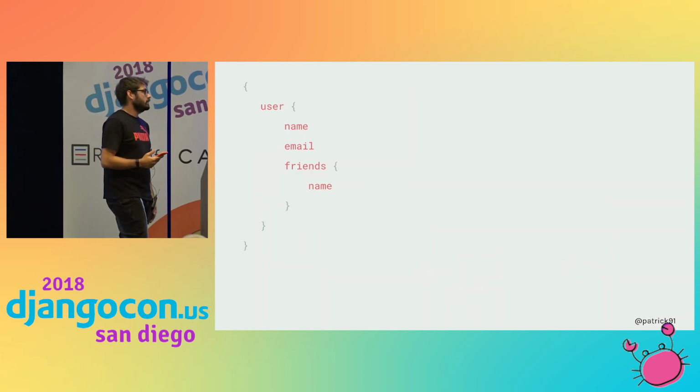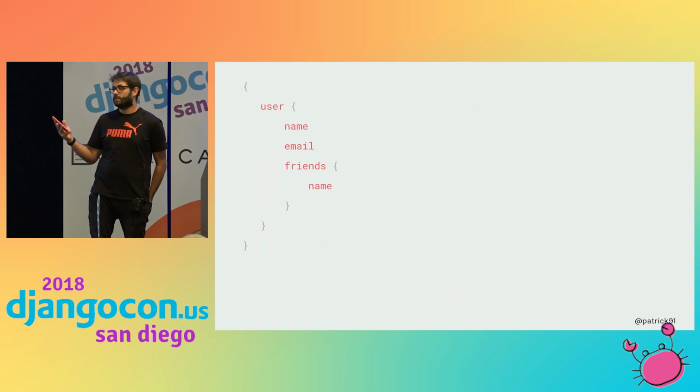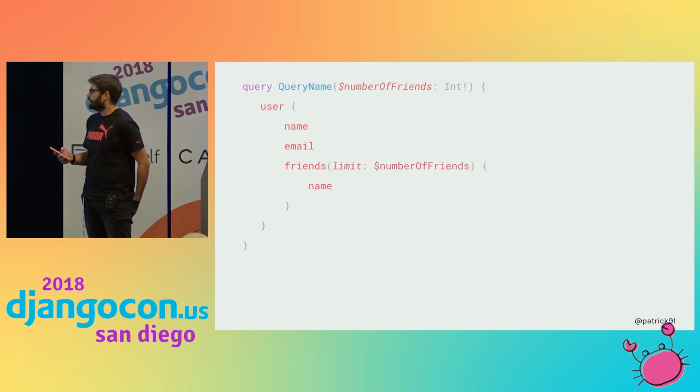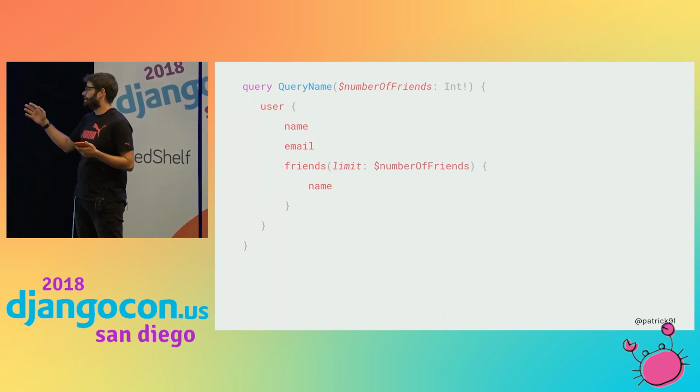This is a document that you send to do a query. Since query is a common operation, this is the short version of doing a query. The actual syntax looks like this: the first token is the operation type, then there is an operation name, which is used only for debugging. Then you can have parameters.